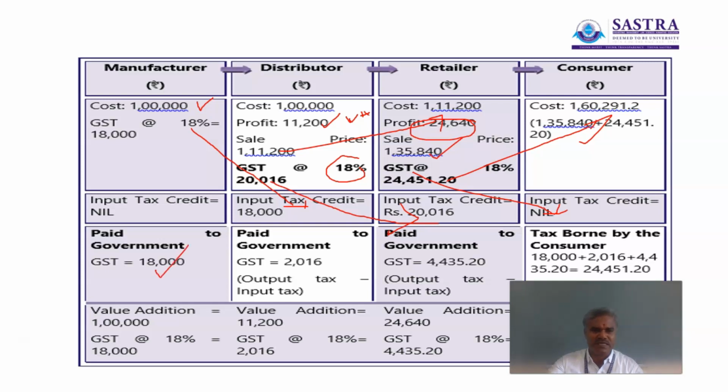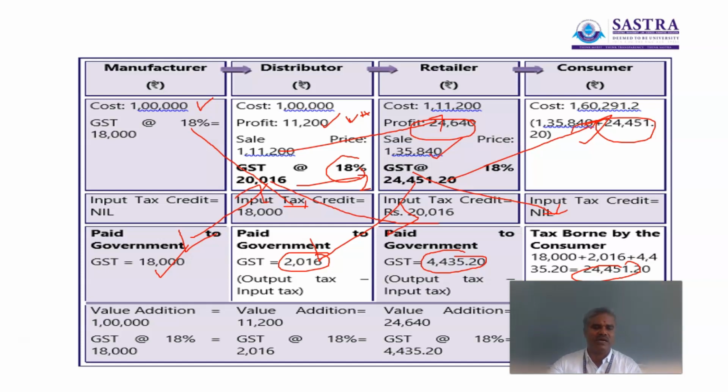Here you paid the difference between these two. Then this is the final price. So you add 18,000, 2016, 4,334. You get 24,451. This is value added tax.